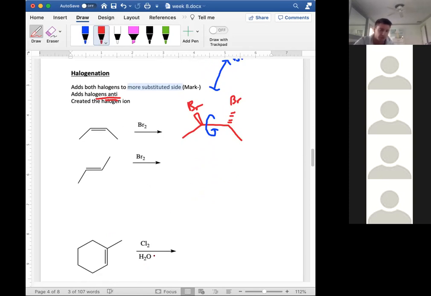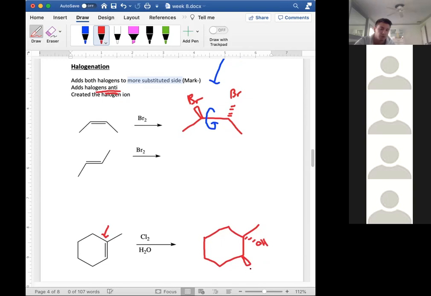And the only thing you have to know about that is your OH will prefer the more substituted side. All right. So your OH, let's just, again, because we're adding anti, let's just say that is dashed, and thus our Cl must be added wedged. All right.